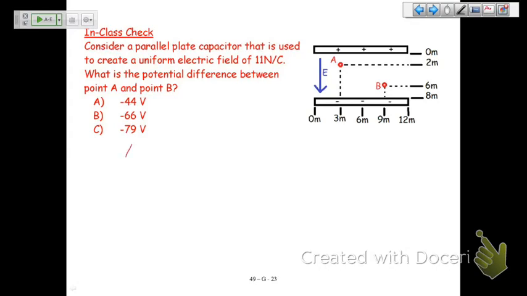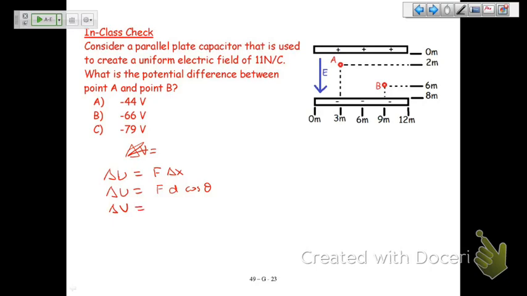So I'm going to say delta V is equal to, oh man, I've got a delta U is equal to, what did we say? I'm rushing. I can feel myself rushing. It's never good to rush. So delta U is equal to F times D times the cosine of the angle between.